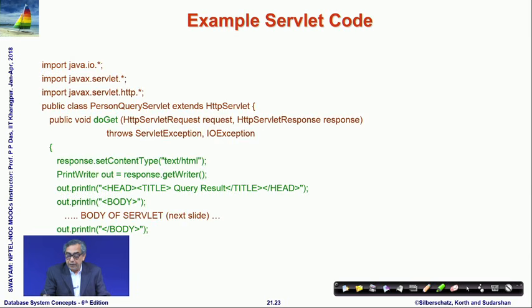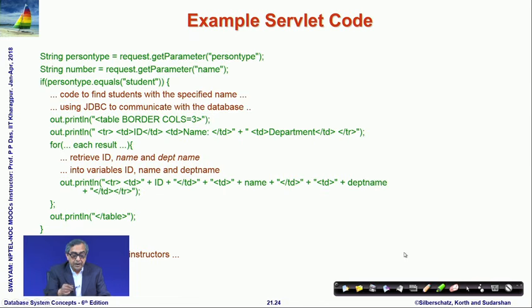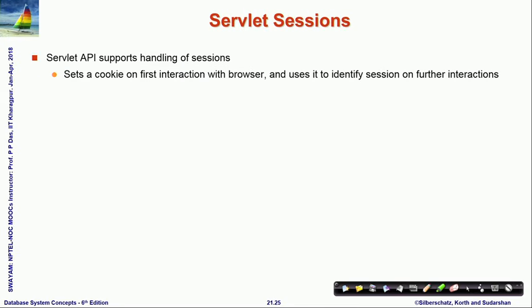So, this is a typical servlet view, which shows that in the servlet you are actually creating the requested HTML response that you would like to have. There are different details, you can read through that. So, this is a typical servlet code. It is Java code which through print line will generate different lines of the HTML.